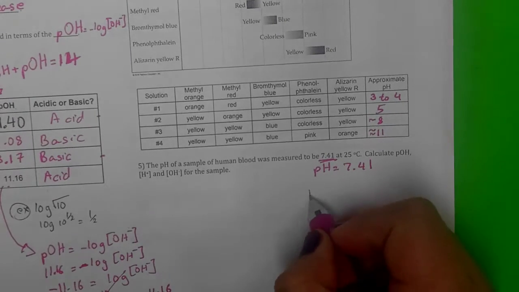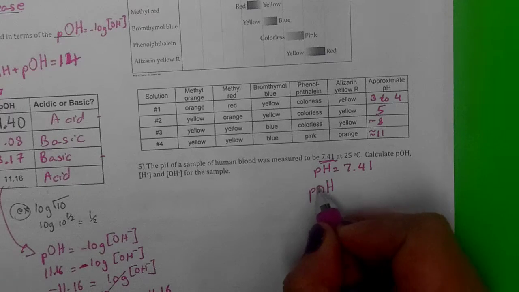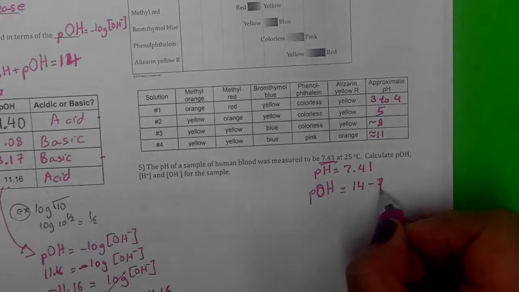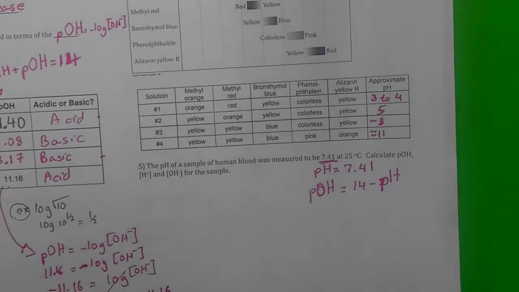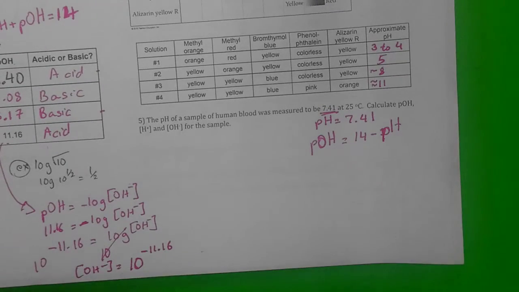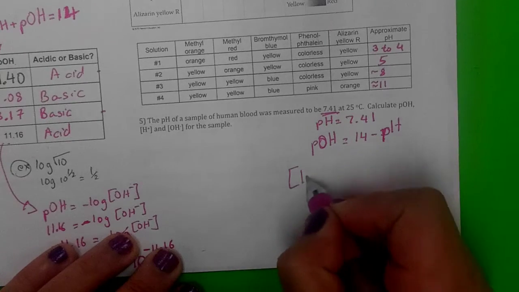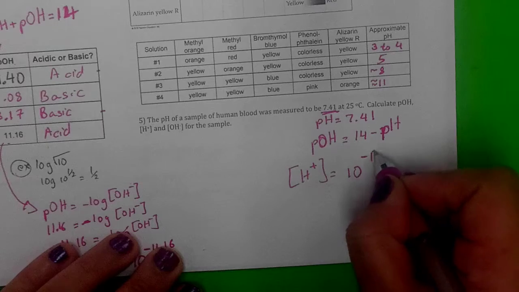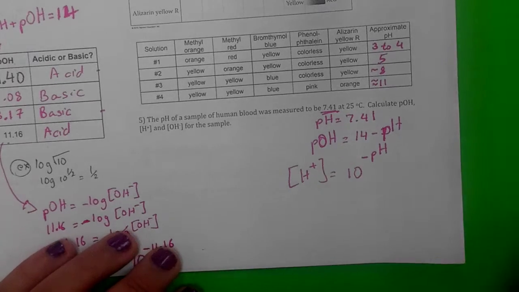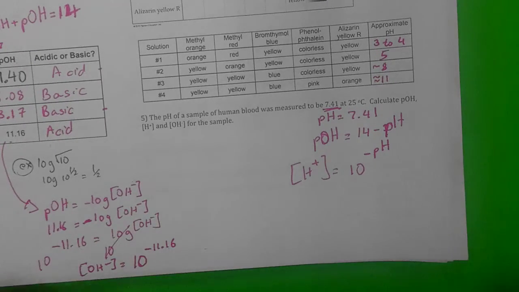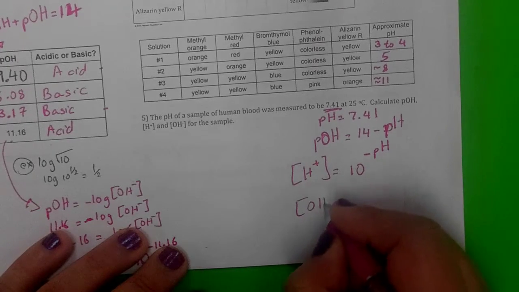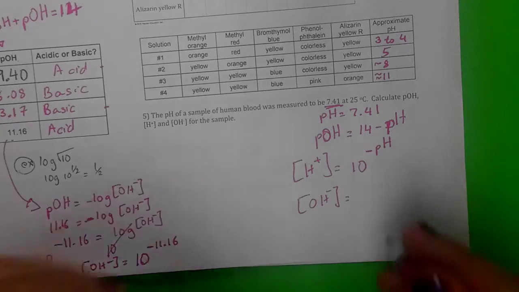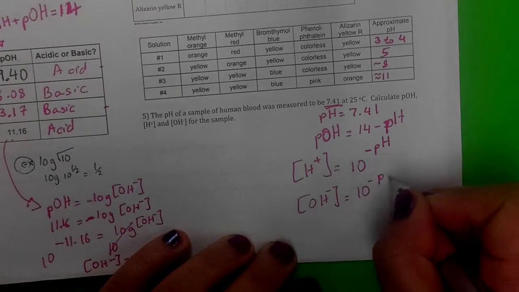How do we calculate pOH? Right, 14 minus pH. I'll just write the formula, and then you can figure it out. All right, how do you calculate H plus? Right, 10 to the power negative pH, or negative 7.41 in this case. How do you calculate the concentration of OH minus? This one could be calculated two different ways. Yeah, 10 to the negative pOH.